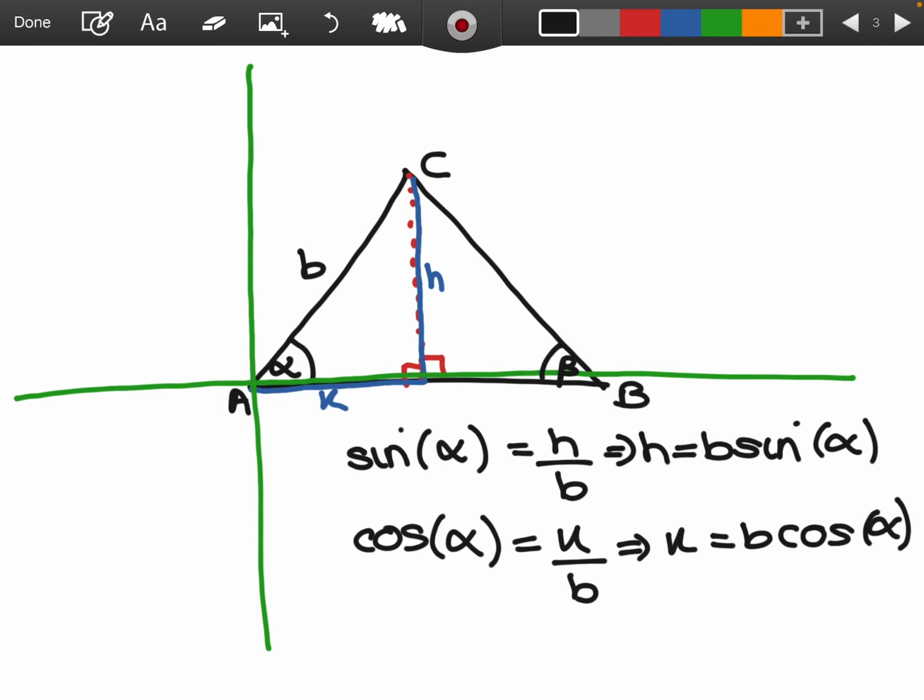Now I'm going to use the distance formula like we did in our previous law of sines proof, and I'm going to look at that point B. What are its coordinates?